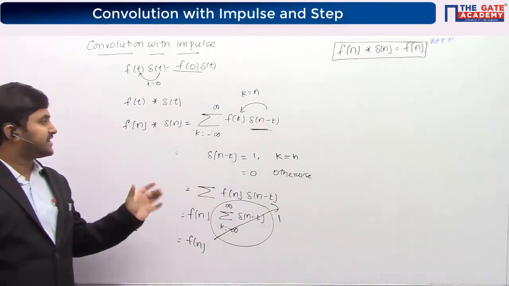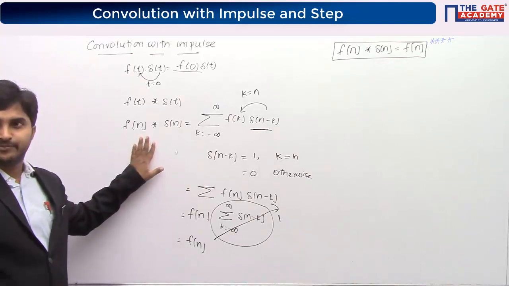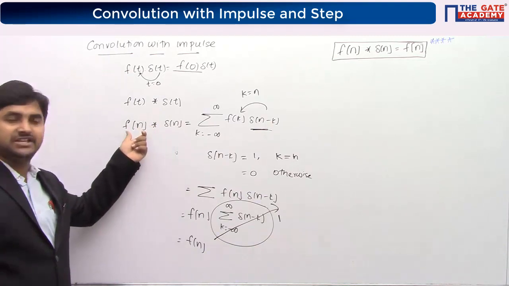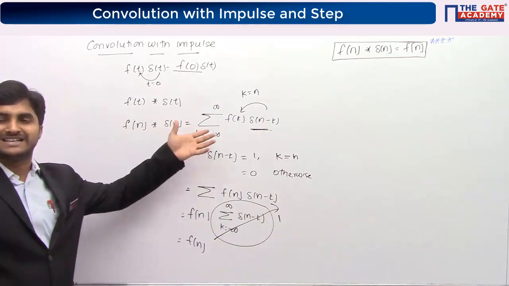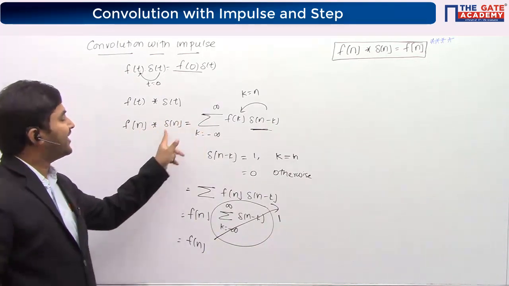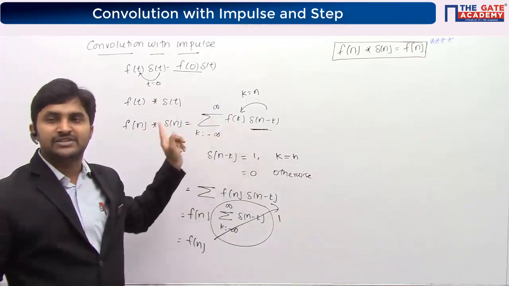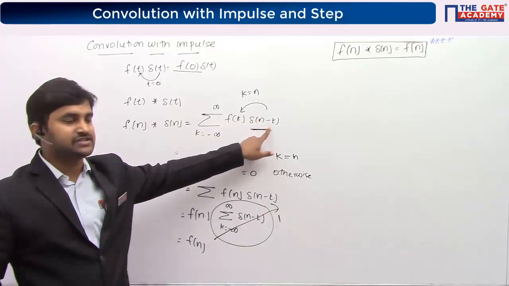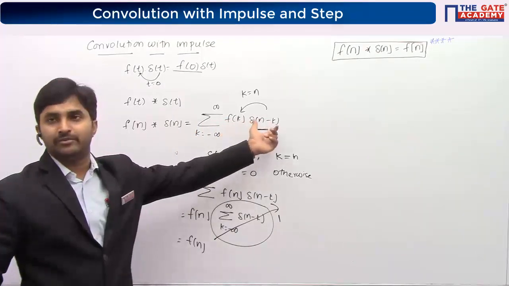Okay, so I'll repeat once again. We are curious to know, if you convolve any signal with the impulse, what is the result? So first we expand the convolution, and we get f(k) multiplied by delta(n minus k). Now what is delta(n minus k)?